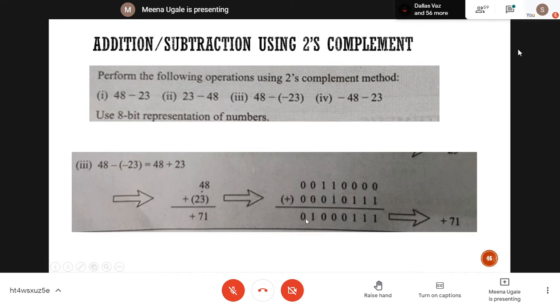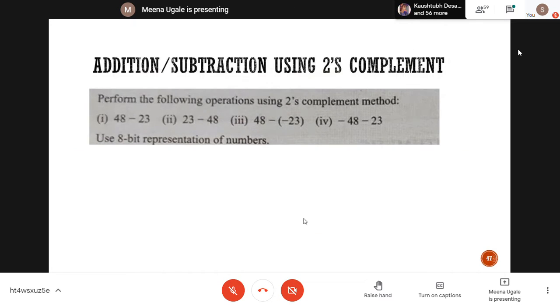No carry is generated, and this is a positive number itself, because this bit is 0. MSB is 0. That means this is a positive number. So this is plus 71 for the third case, 48 minus 23.